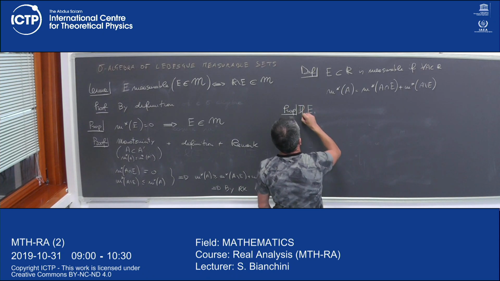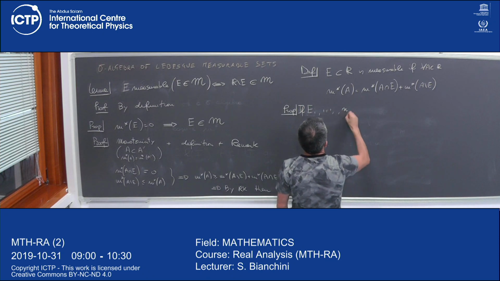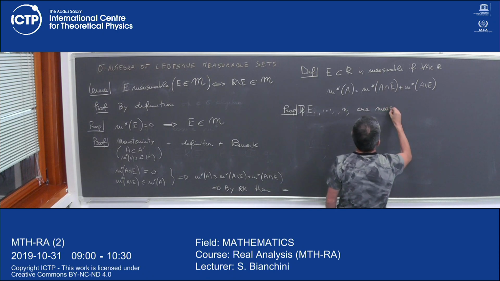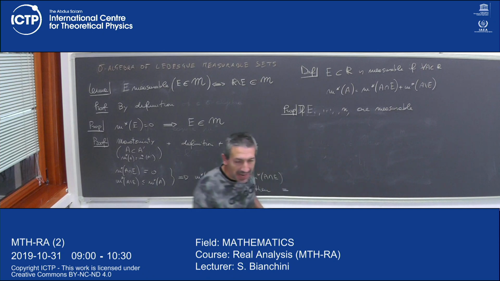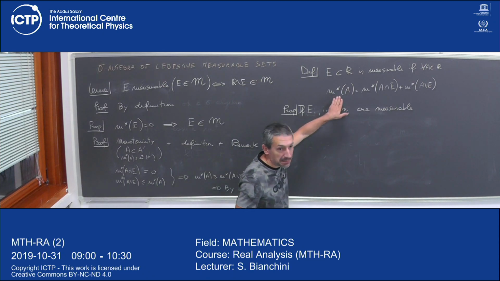If E_i, i from 1 to n, are measurable, usually you should say Lebesgue measurable, because I'm using the outer Lebesgue measure.